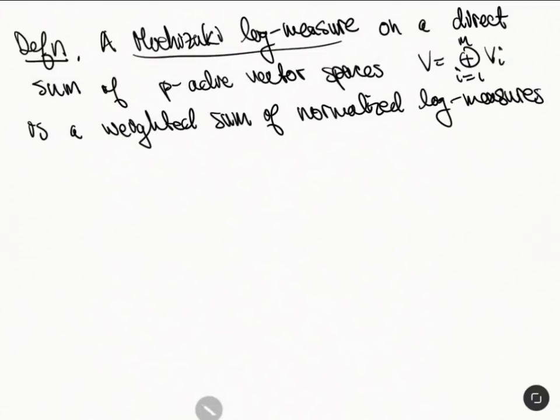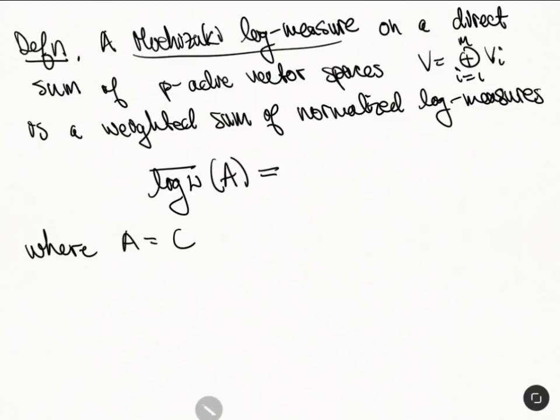I'll write it like this: log nu of A, where A is a region, the direct sum of the A_i. It doesn't really need to be a group or anything.